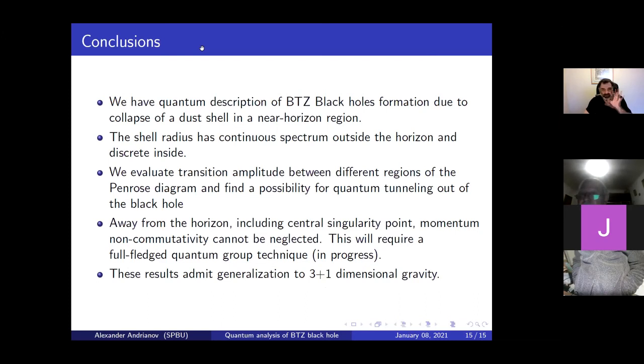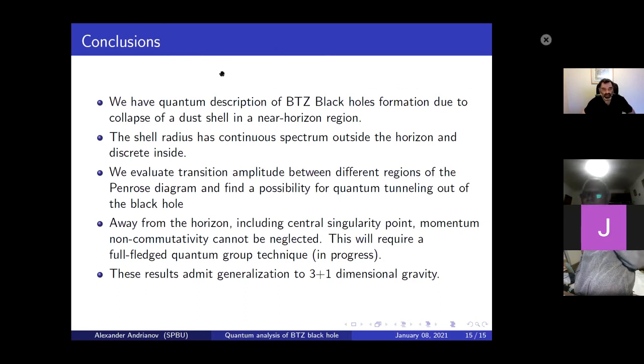My question was, maybe it's very trivial, but it was regarding the spectrum, whether or not you can ensure that you have stability, so to say, that the spectrum is bounded from below. You mean spectrum inside, outside, spectrum of what?